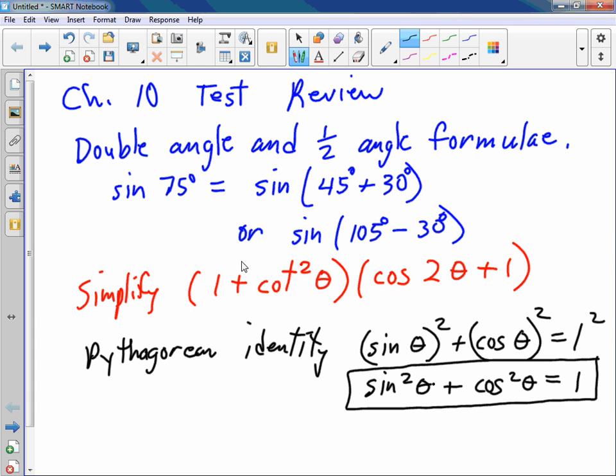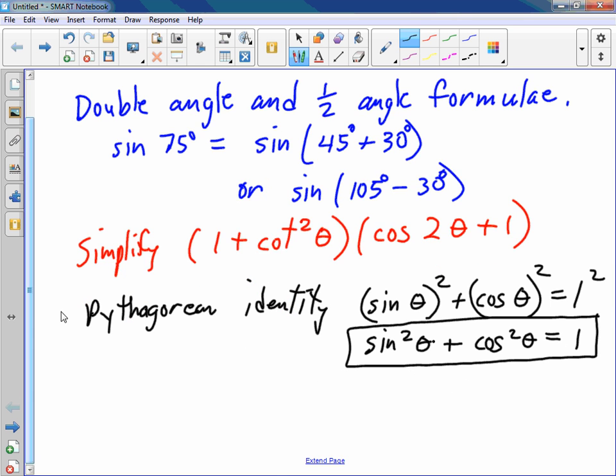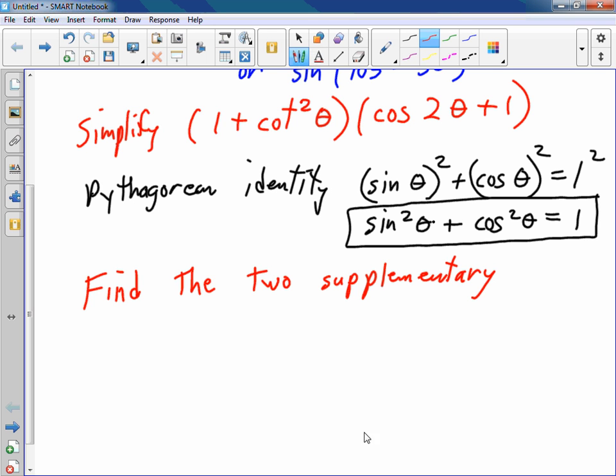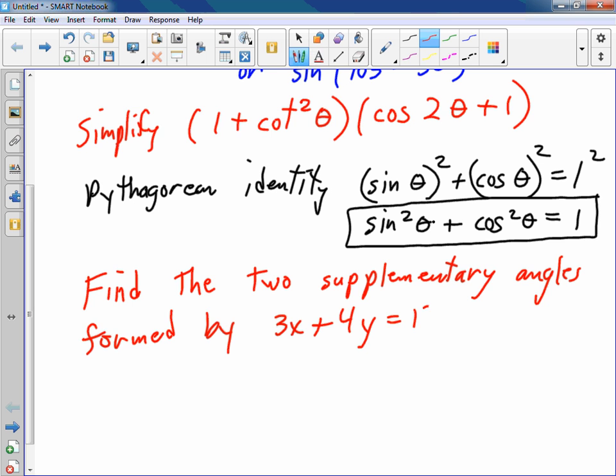I'll probably throw in one of those like we talked about the other day, where it says find the two supplementary angles formed by 3x plus 4y equals 12 and 5x minus 6y equals, whatever.